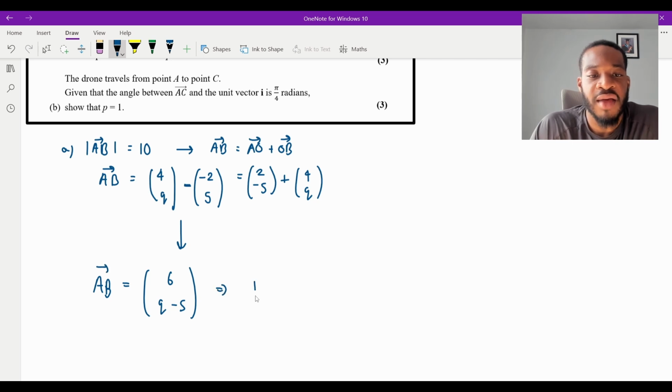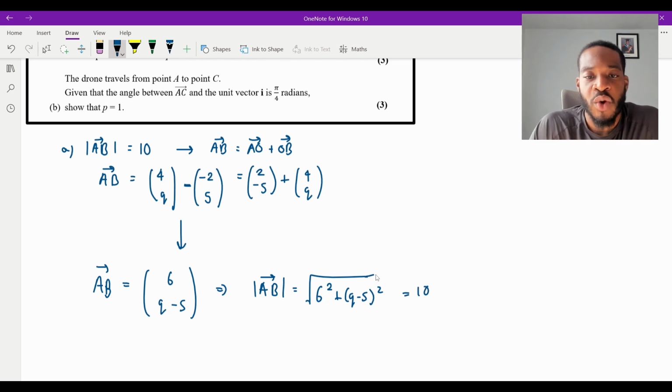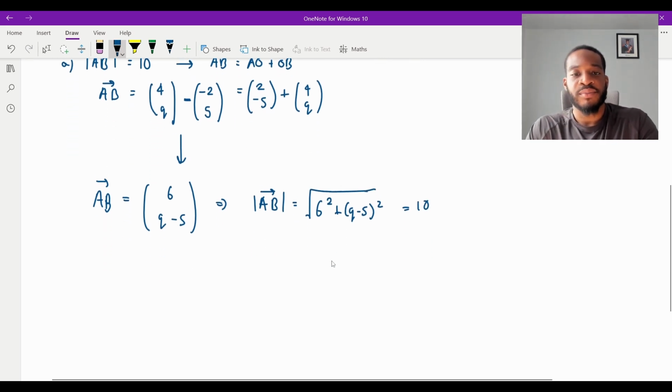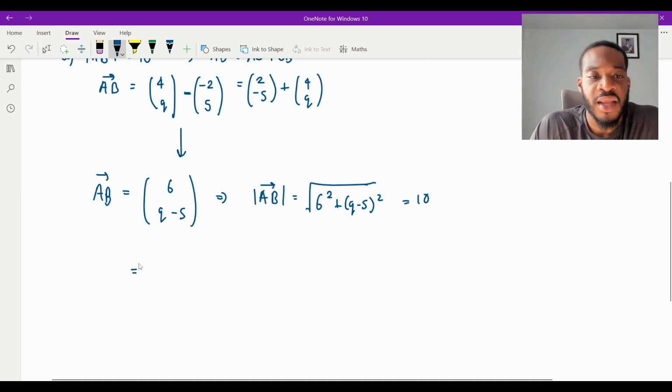Now, the magnitude of that is just the Pythagoras of each of the components, isn't it? So it's going to be the square root of 6 squared plus (q minus 5) all squared. And this is equal to 10, because they told us that. So what I need to do is just solve this. If I square both sides, I'm going to have 6 squared plus (q minus 5) all squared equal to 10 squared.